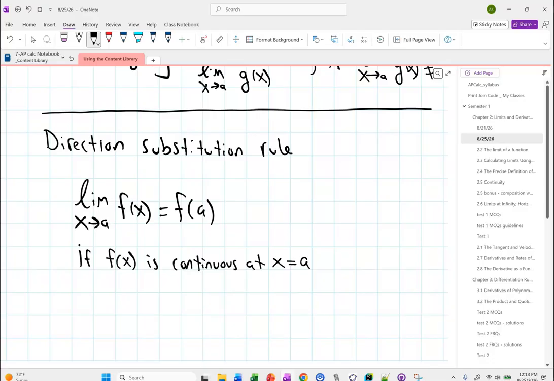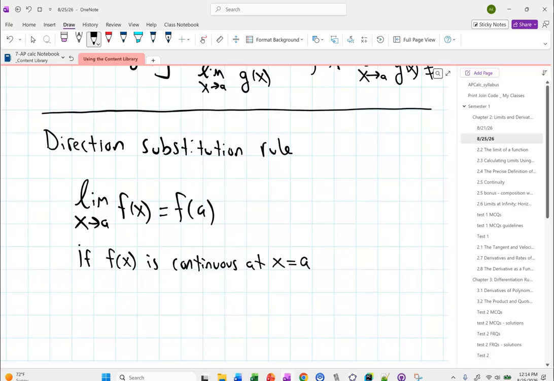So what we're saying here is that to evaluate a limit, I can just plug whatever x is approaching into the function, provided that the function is continuous at that specific value. We haven't talked about how to test for continuity yet, so that's a little bit of a problem.